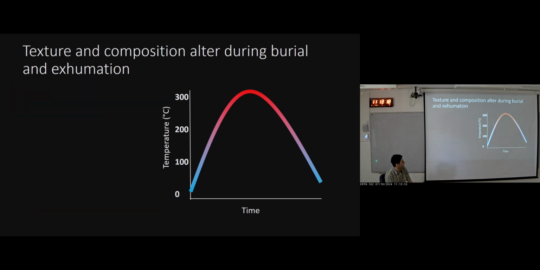Another way to think about it is that as a sample goes from the surface to depth and back to the surface, it recorded some signal of oxygen initially at the surface, and then it will naturally enter a zone that has very little oxygen in it, that is the interior of the crust, and come back to the surface at the present, when there's abundant oxygen.